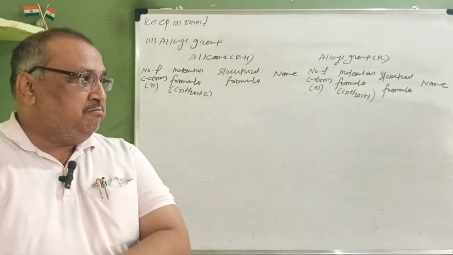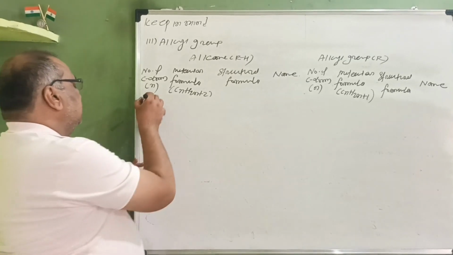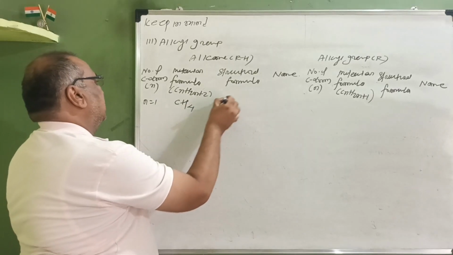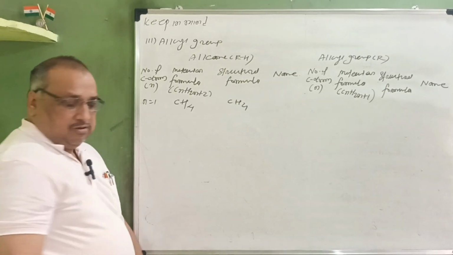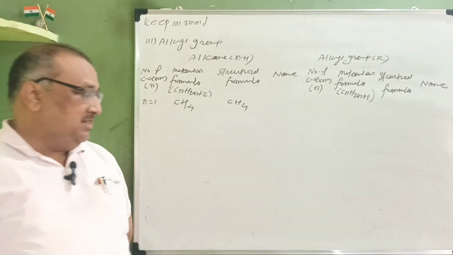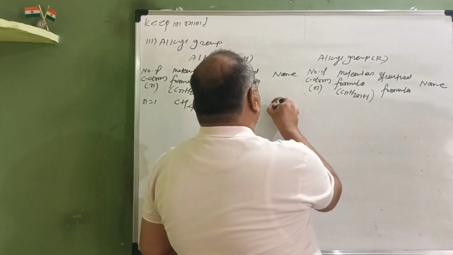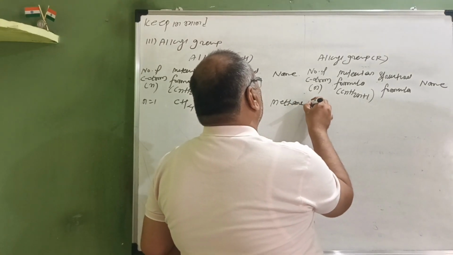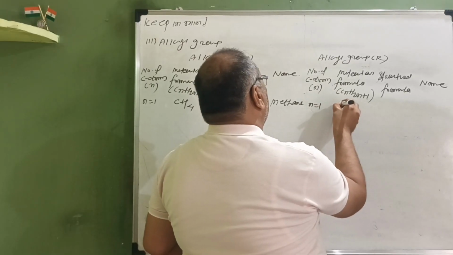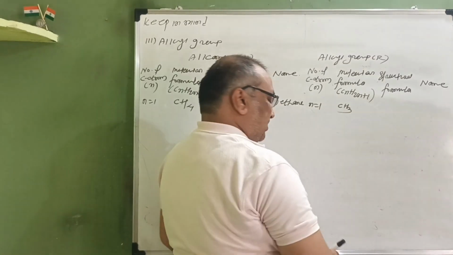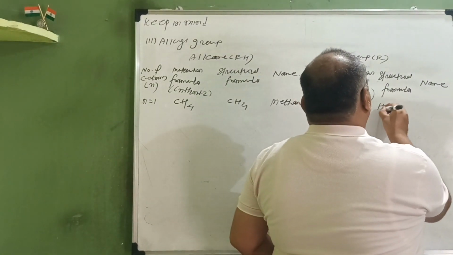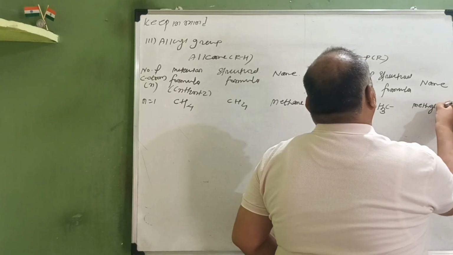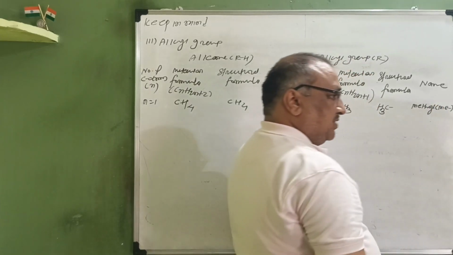Now here first n equal to 1, CH4 methane. Here write down n equal to 1, CH3, that is methyl, Me.